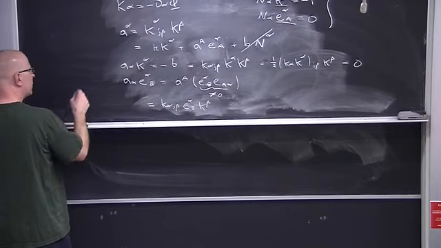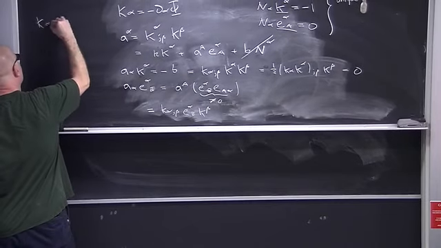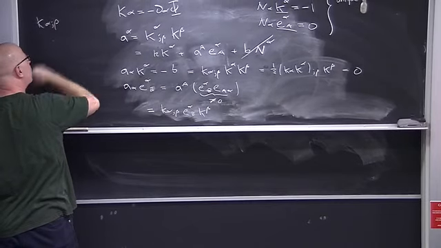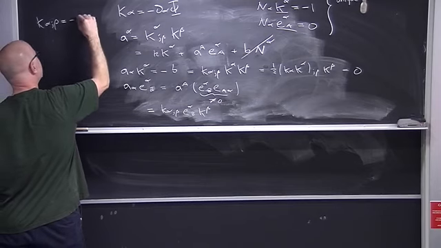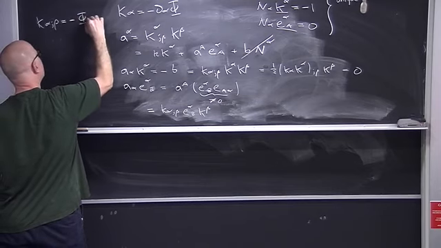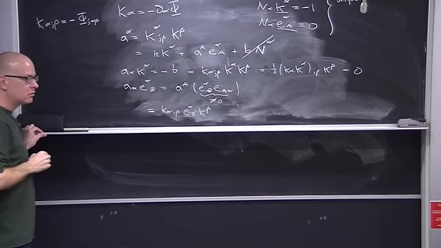Let me do a side calculation. K alpha differentiated with respect to beta is the same thing as phi differentiated twice.